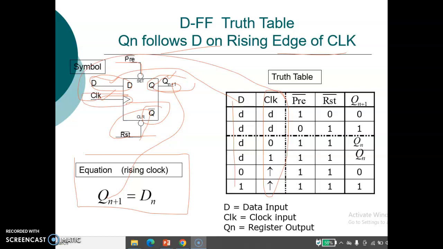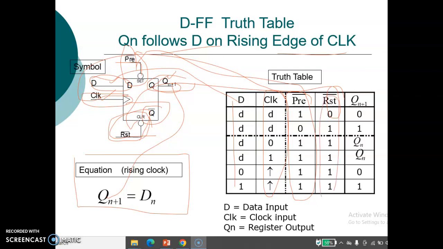Okay. Preset bar here. Okay. Set preset. Reset bar. Okay. Here for clear, preset for set, reset for clear. Okay.